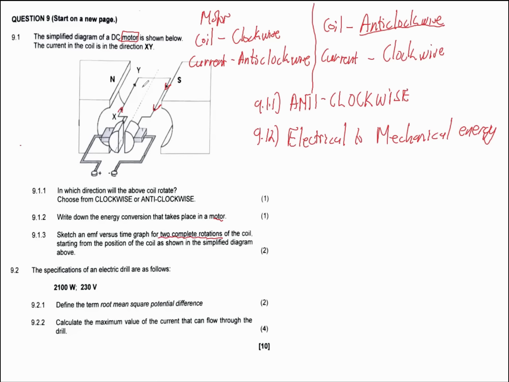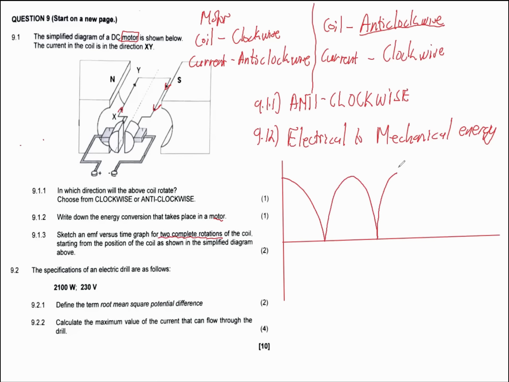So the one shown on the diagram is the horizontal position. With the horizontal position, we know that it's at the maximum, so it's producing the maximum EMF. So this would have to be how we show the graph.